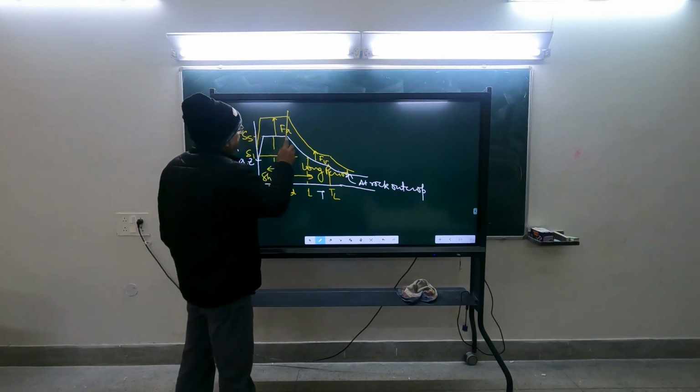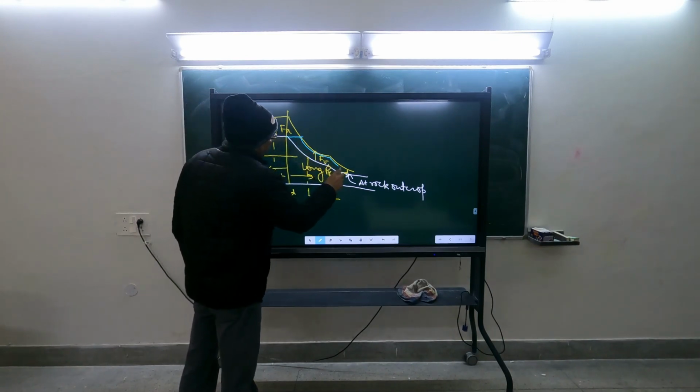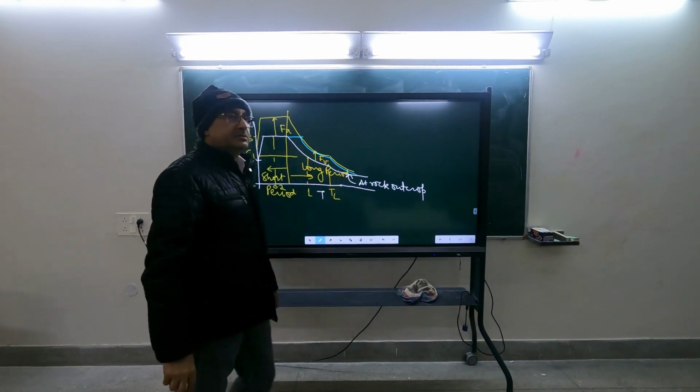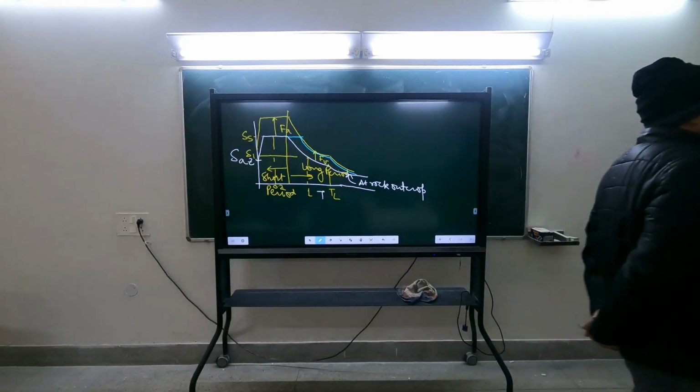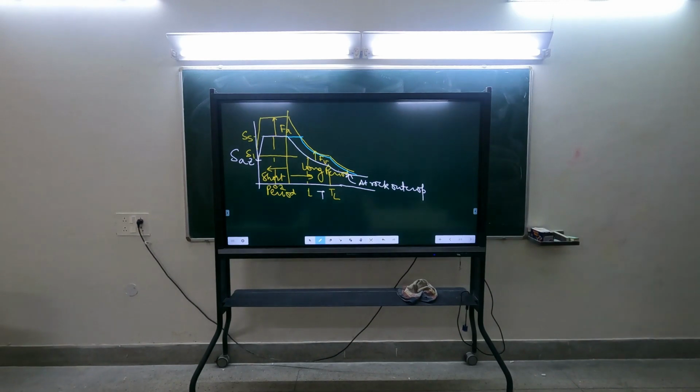Our code keeps this the same and considers amplification only in the long period range. Our code does not consider any amplification in short period range. And the logic for that is, you have seen that in case of higher intensity, in short period range, FA comes out to be 1, although it is not fully correct.